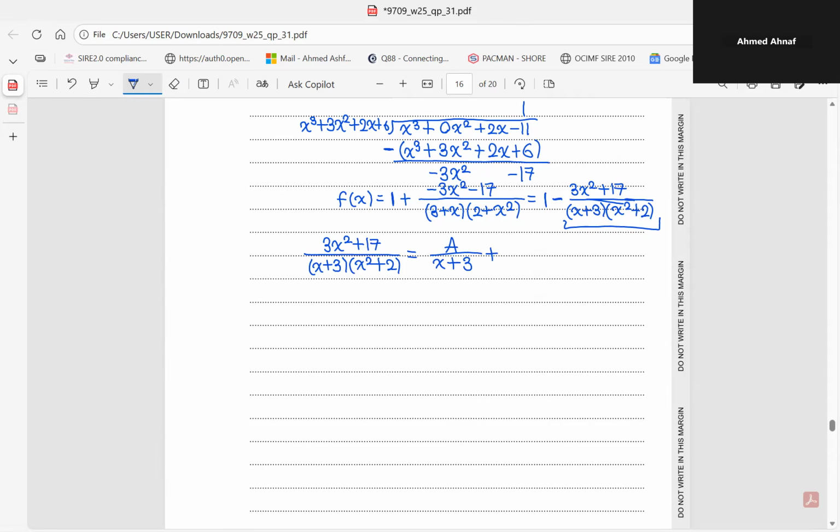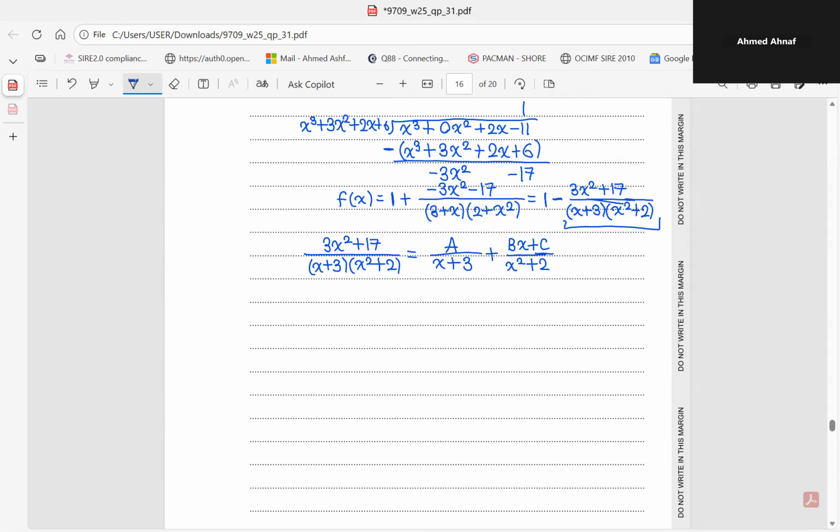And for the term where the denominator is x² + 2, since this is a quadratic expression we cannot factorize, the numerator would be in the form Bx + C.